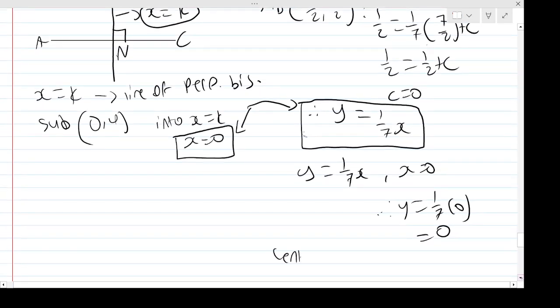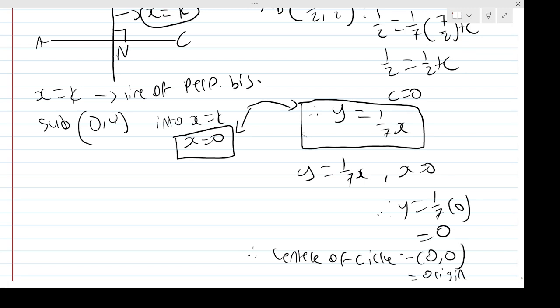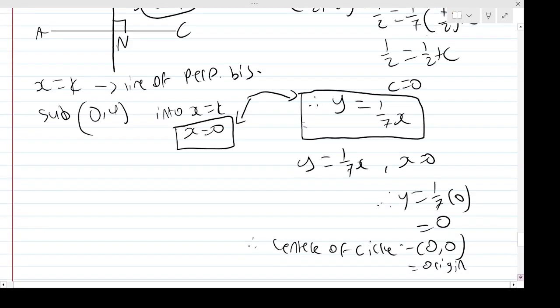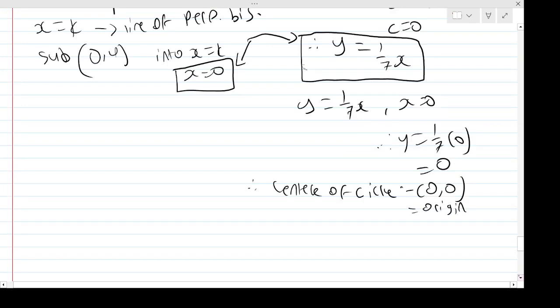So the centre of the circle must be, if x is 0, y is 0, which is the origin. Well, there we are then, we proved it. The centre is indeed 0, 0. And I should say, the centre of the circle is the point of intersection.